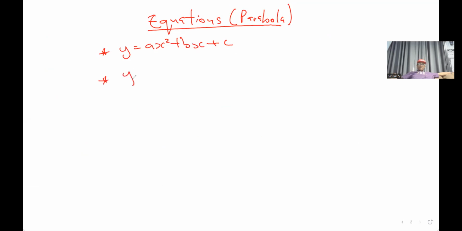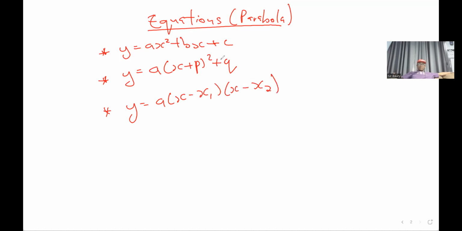We also know that y is equal to a(x plus p) all squared plus q, right? We know this one too. y is equal to a(x minus x1)(x minus x2).